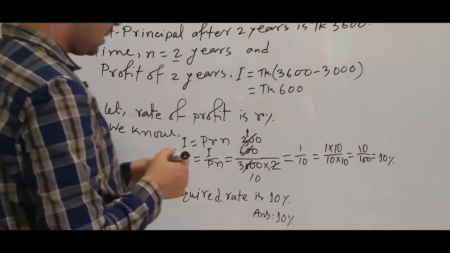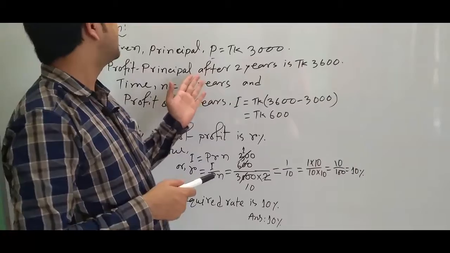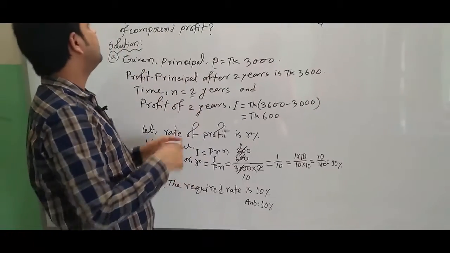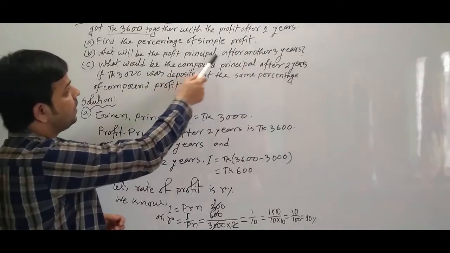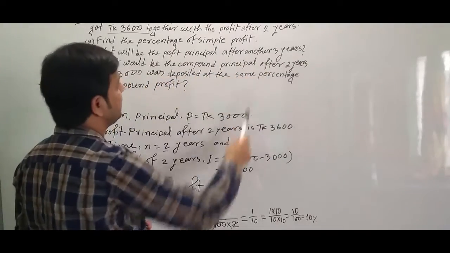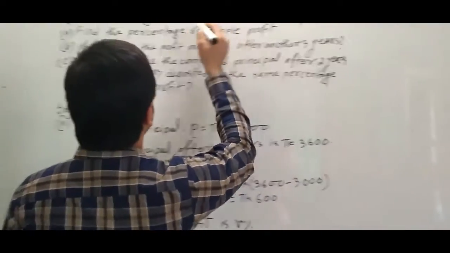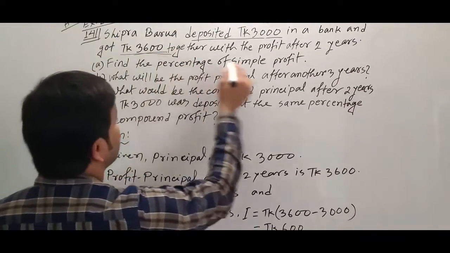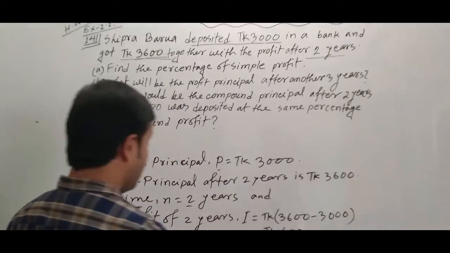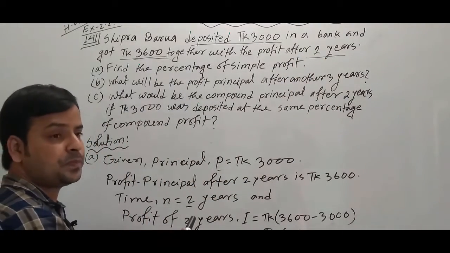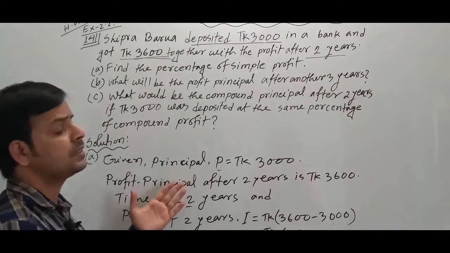Dear students, I hope you have understood our first question, question A. Then we will go to the next question. What will be the profit principal after another 3 years? It means that here profit principal of 2 years is 3600, and after these 2 years we need to find the profit of 3 years.